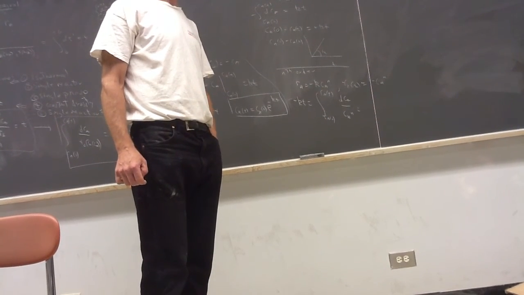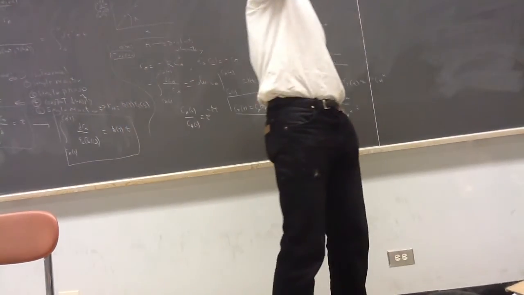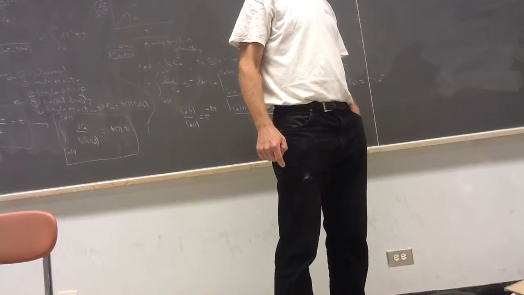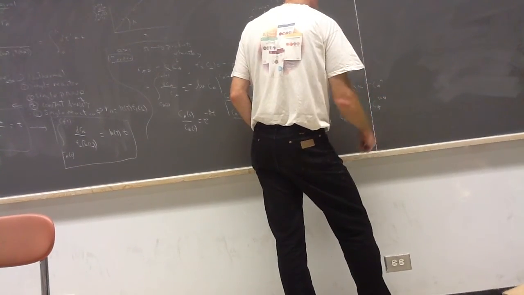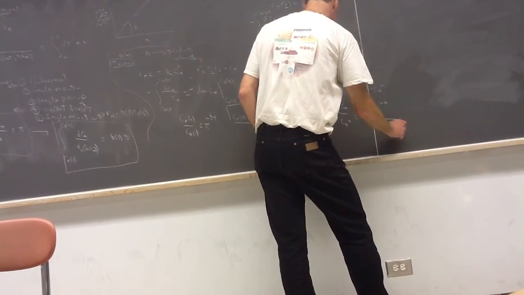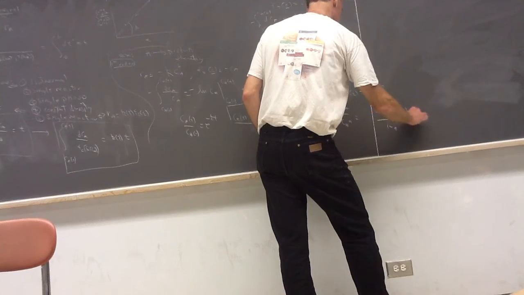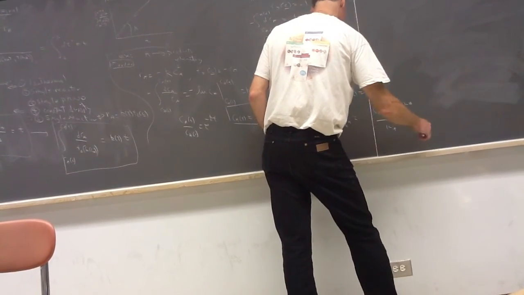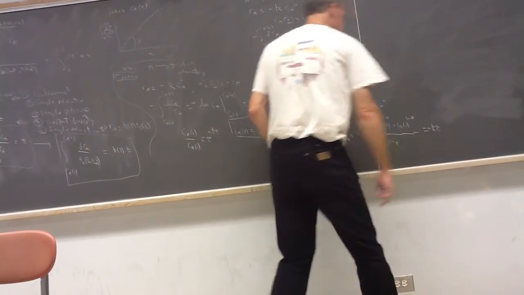What is the integral of Ca to the minus n? Ca to the minus n plus 1, over 1 minus n, is equal to minus Kt.